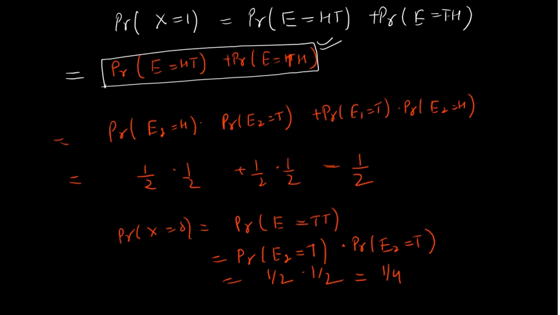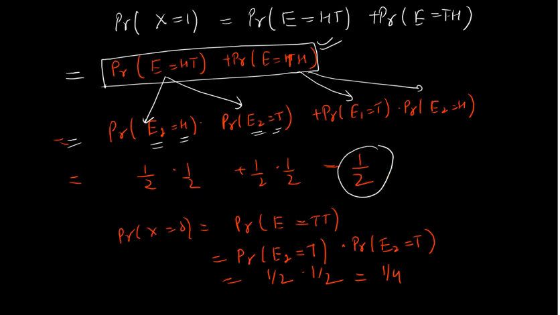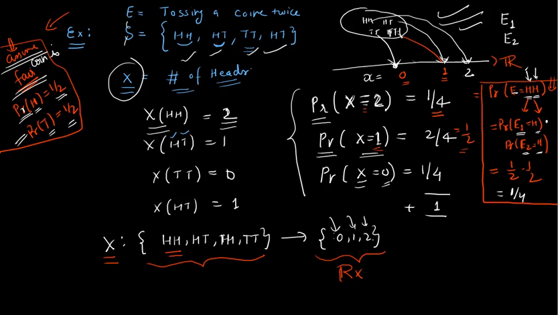This term you can further break down like this: in event 1 you get heads, in event 2 you get tails. Similarly, you can break the other one like this, and by putting the probability of heads as half and tails as half, you just calculate it and you get half. So the probability that random variable x will take the value 1 is equal to half.